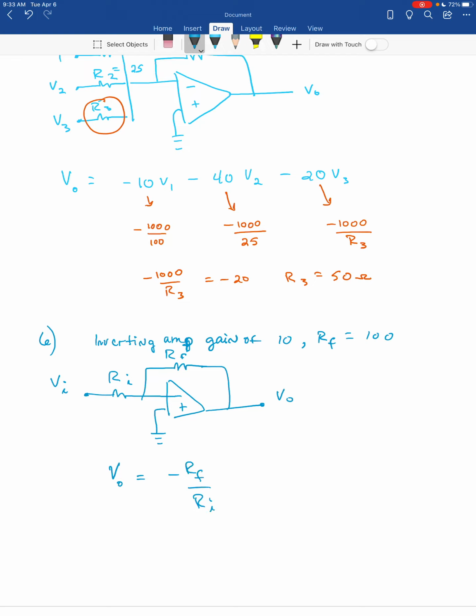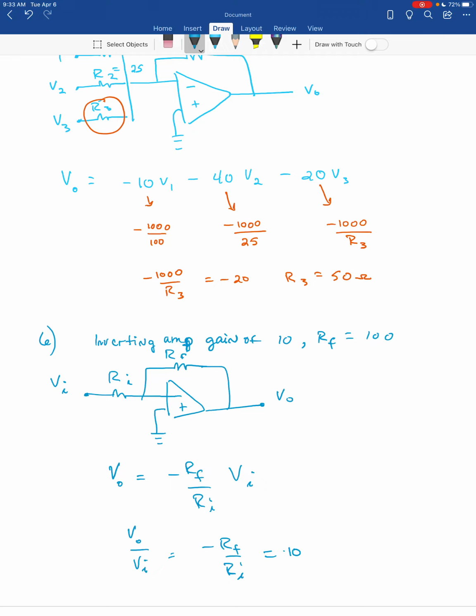And V out is minus R feedback over R input times V in. And so V out over V in, which is the gain or the ratio of how much the voltage is amplified, is minus R feedback over R input, and we're told we want that to be 10, and we're told that R feedback was 100.